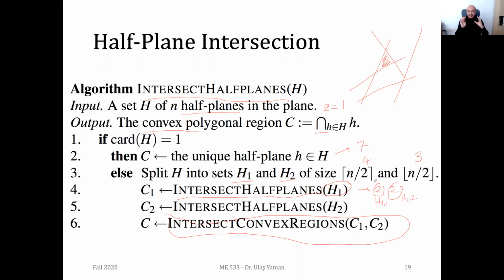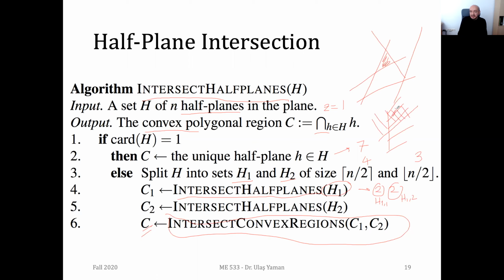We will be dividing these until you always have just a single element, and then at the end of all these sub-recursive calls, you will be joining these 2 parts. So we can simply say that the algorithm is not that complicated. What it is doing is always joining simple half planes together. For instance, if you have 7 half planes, then initially it will be trying to take the intersection of 2 half planes.